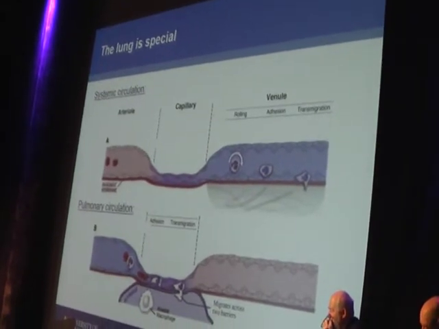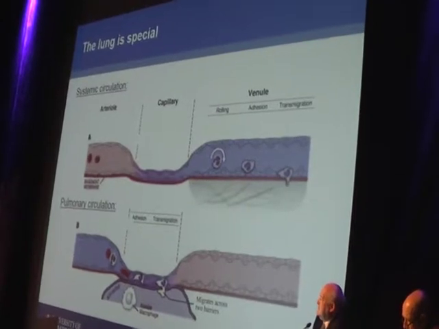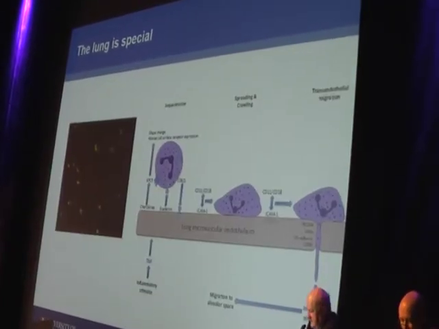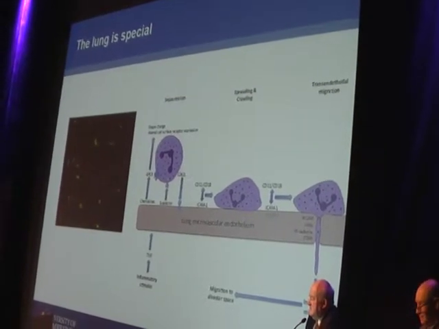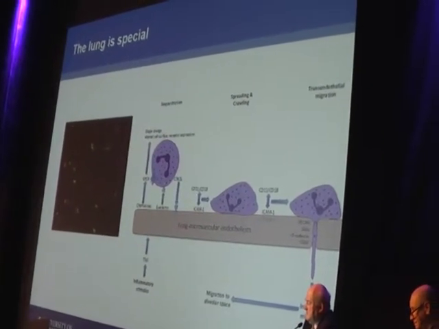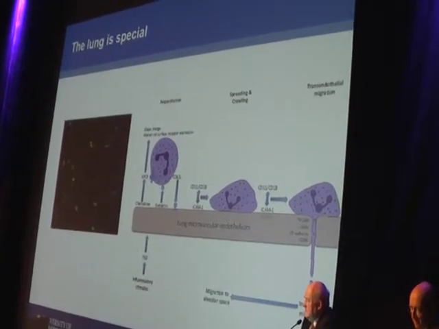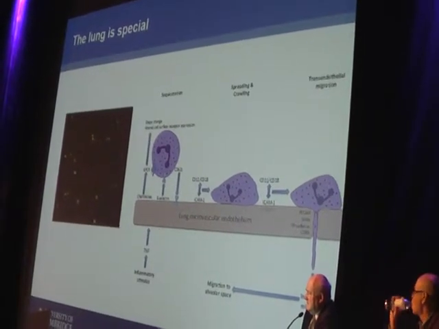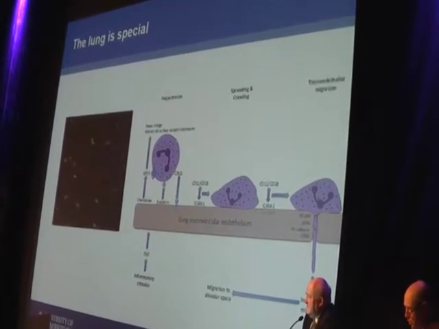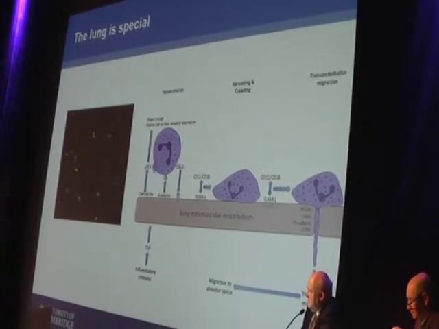That necessitates some other differences, which I'll talk a little bit more about, but one of those is that the rolling tethering paradigm that we talk about for cell extravasation in inflammation in the systemic circulation is not possible in the lung. The pulmonary capillary diameter is about 5 micrometers, and the diameter of a neutrophil is 7 to 10 micrometers. So there's just no room for the kind of rolling tethering paradigm that everybody thinks about.